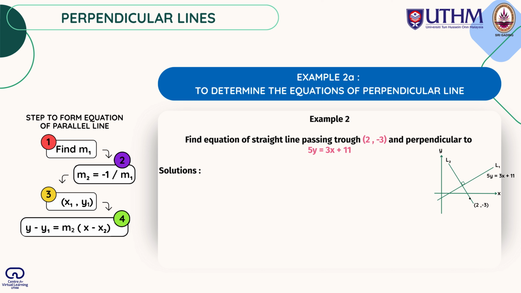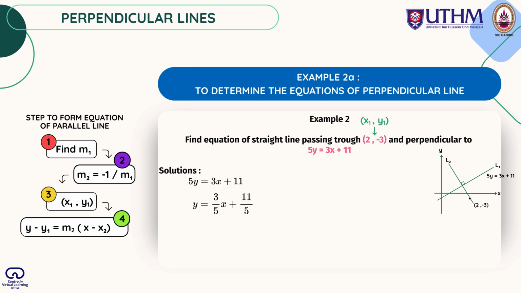Example 2a. Equation of a perpendicular line. Find the equation of a line that passes through 2, -3 and is perpendicular to the line 5y equals 3x plus 11. First, we rewrite the equation in gradient form. y equals 3 over 5 x plus 11 over 5.